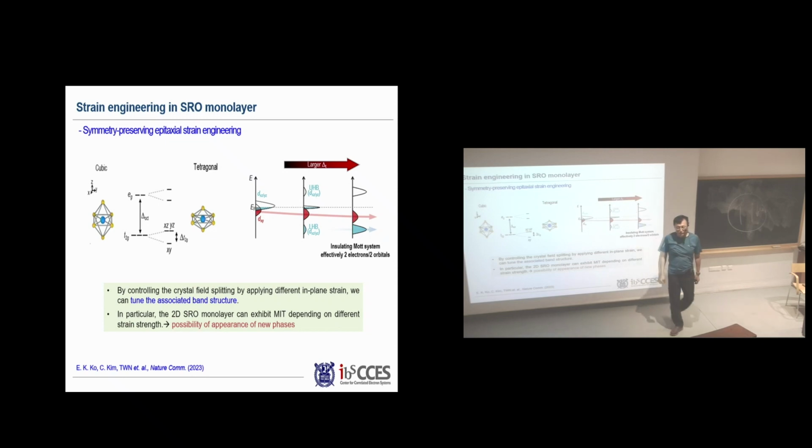But if you increase further, then you will enter into the insulating state, a Mott insulating state. So there are two kinds of gap opening: one is the band insulator gap opening, as well as a Mott gap opening. So there should be a simultaneous occurrence of the band insulator gap opening as well as the Mott gap. And also in here is effectively a 2-electron, 2-orbital system, and so on.